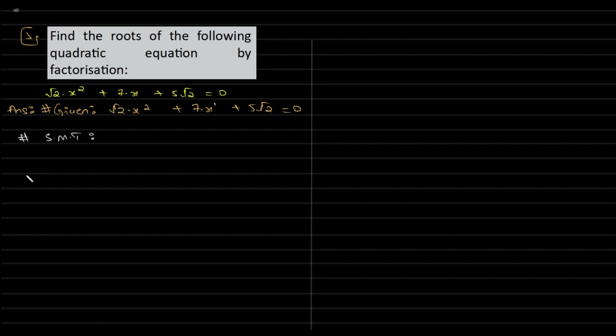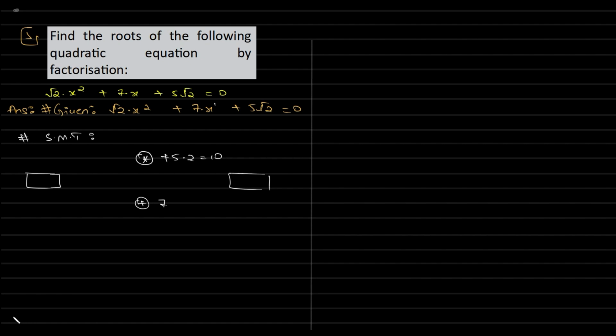To split the middle term, we need two numbers which, when multiplied, will give me root 2 into 5 root 2, that is 5 into 2, which is equal to 10. And when added, should give me 7.